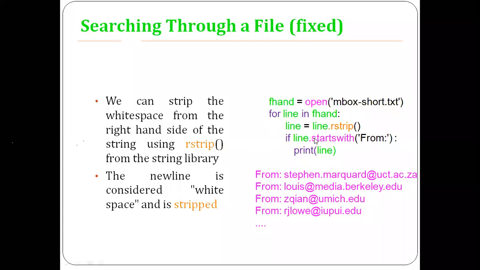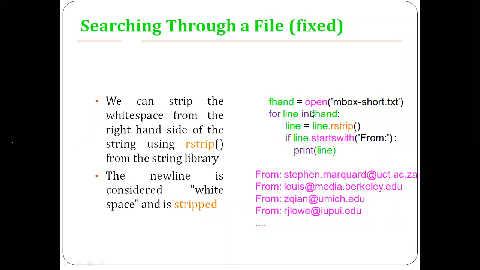In this way, you can print the lines without having the blank lines. You can strip the white space from the right hand side of the string using rstrip from the string library. The new line is considered white space, and it is stripped off.